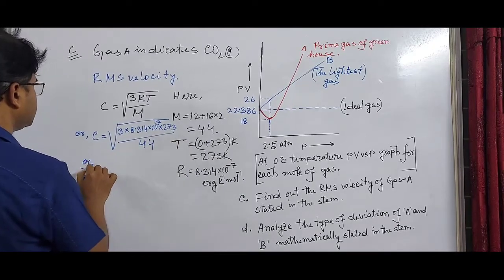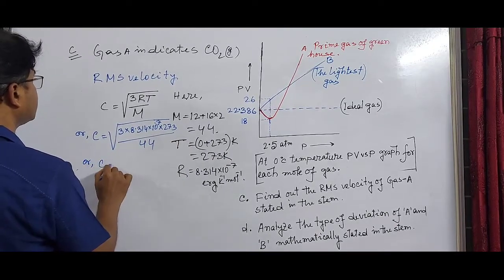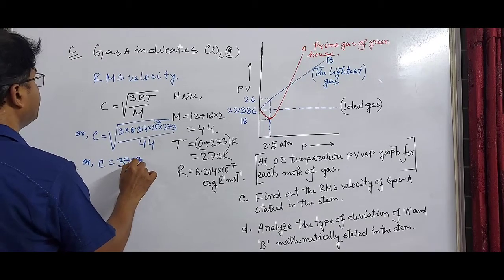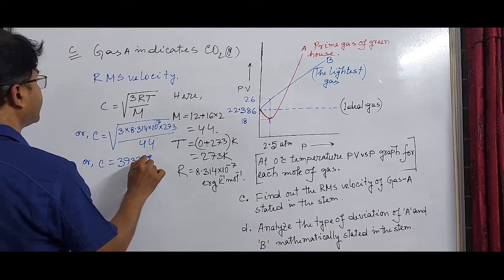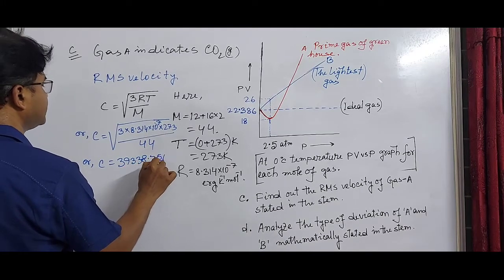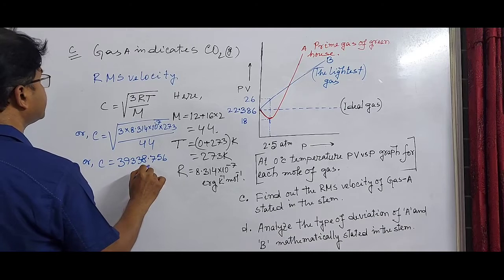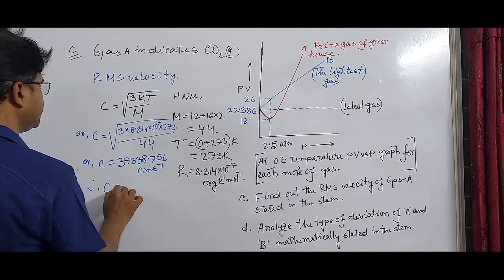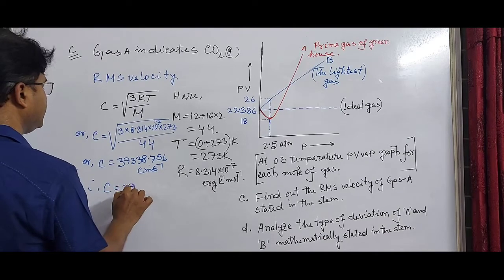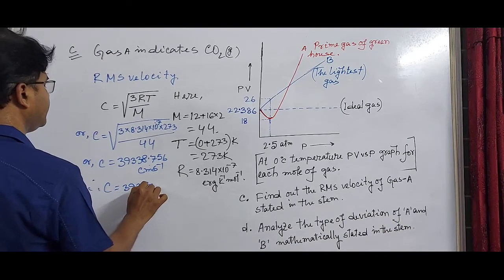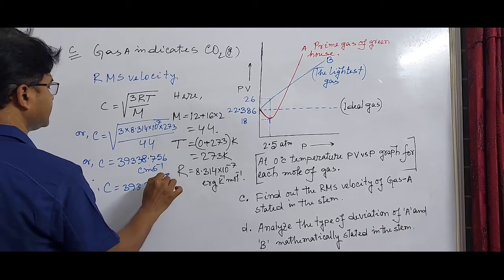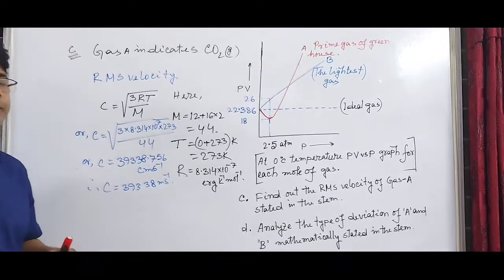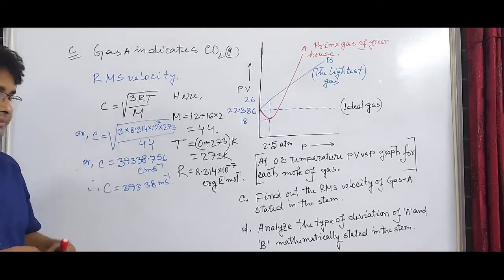So C is equal to 39338.756 centimeter second inverse. So C is equal to 393.38 meter second inverse. That's all about the RMS velocity of gas A.